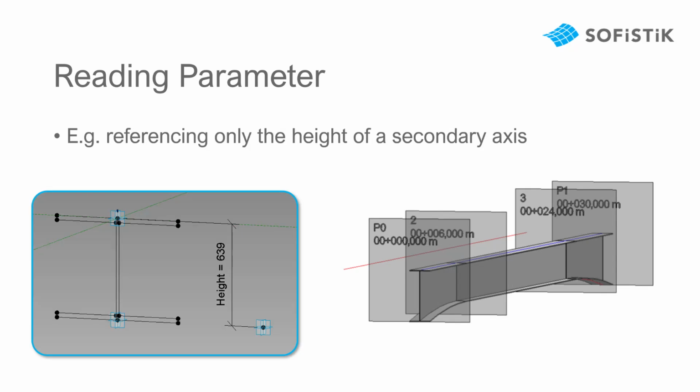When I now create a family where the shape handle point is seen here on the right, I can use reading parameters to only read the height and assign it as a parameter. This allows me to reference the height of the already existing secondary axis without the need of creating another one to only assign the height to the family.